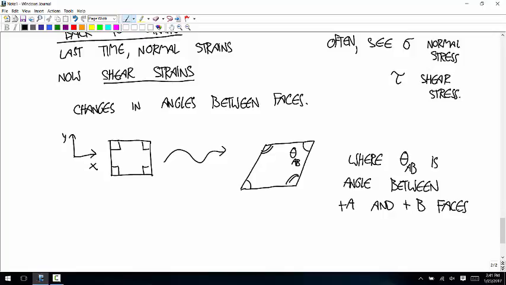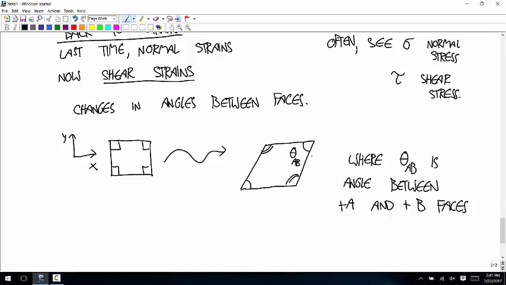In this case, since I'm using this coordinate system, the angle that I drew there is the angle. For this coordinate system, that's the positive x face and that's the positive y face. So this angle that I drew here is the angle between the positive x and the positive y. So that's the angle theta xy.